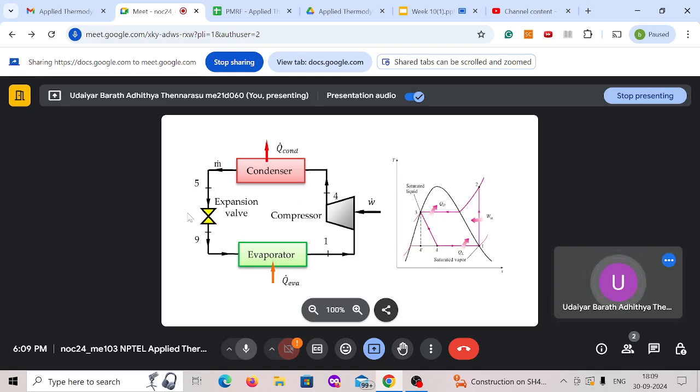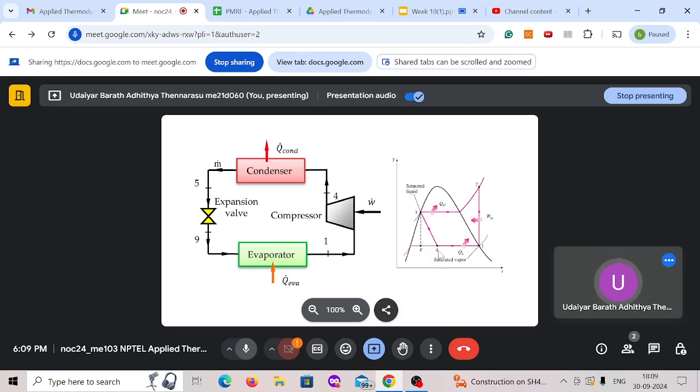If you apply the steady flow energy equation across the expansion valve, there is no heat addition and there is no work addition. So Q minus W is 0, and whatever energy is coming in is going out. If you neglect the kinetic energy and potential energy, your enthalpy will remain the same. So across the valve, your enthalpy remains the same.